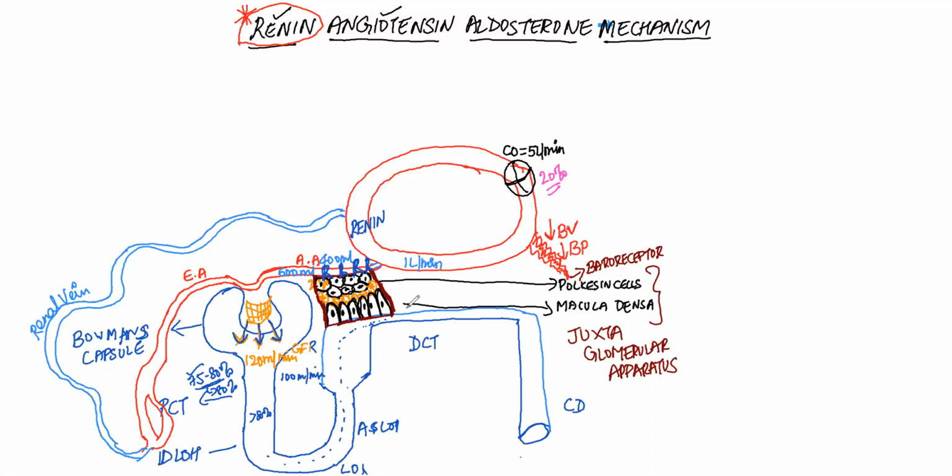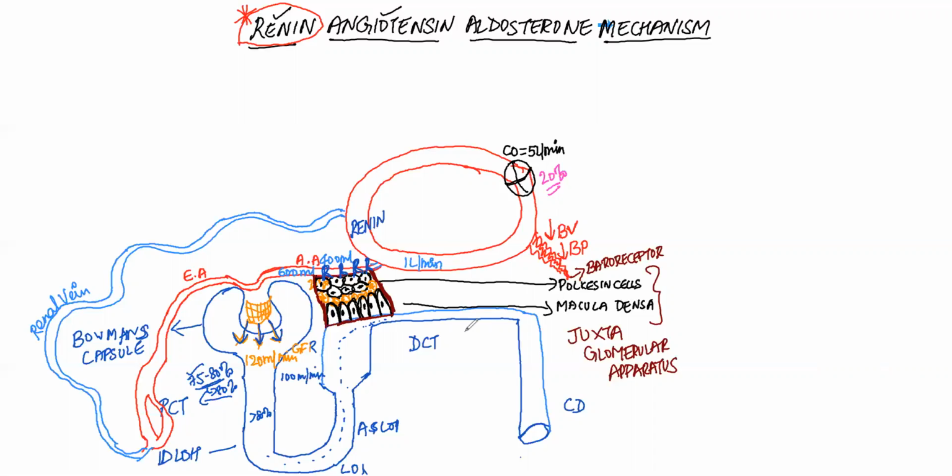Under normal physiology, around 10 to 20% of sodium gets reabsorbed in the distal convoluted tubule. But since more sodium is reabsorbed in the proximal convoluted tubule, less sodium reaches the distal convoluted tubule. So the macula densa think: a day before I was sensing around 10 to 20% of sodium, and now I'm not even getting 5%. What is the problem?